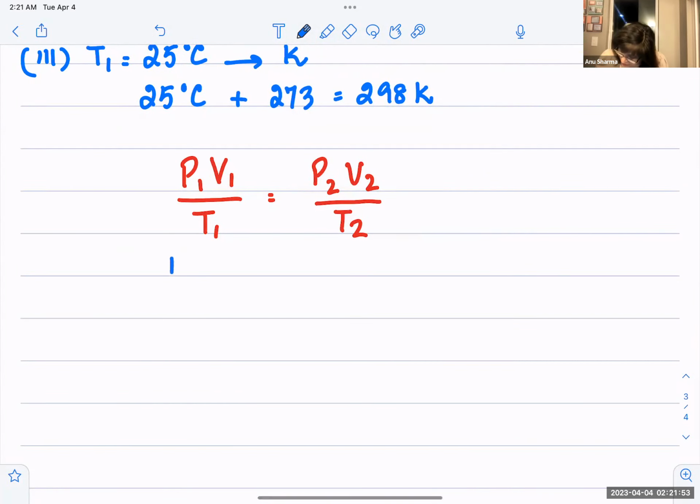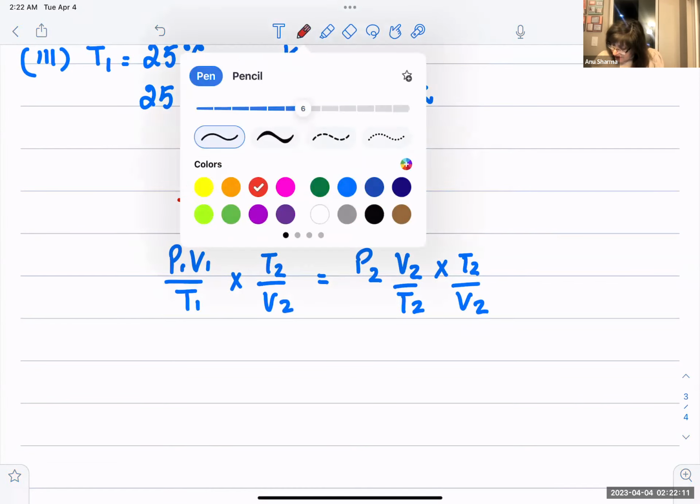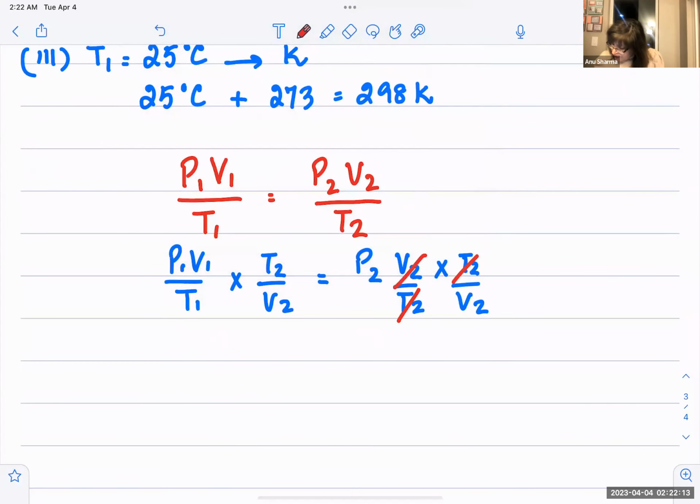P1 V1 over T1 times T2 over V2 is equal to P2 V2 over T2 times T2 over V2. Cancel T2 and V2, and you're just left with P2.